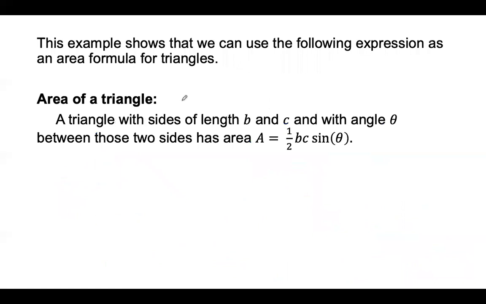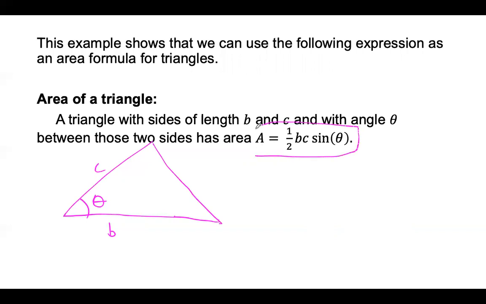So that example just showed that if we have the area of a triangle with sides B and C and an angle between them, let's just draw this, B and C, this angle, that the area is given by this specific formula.